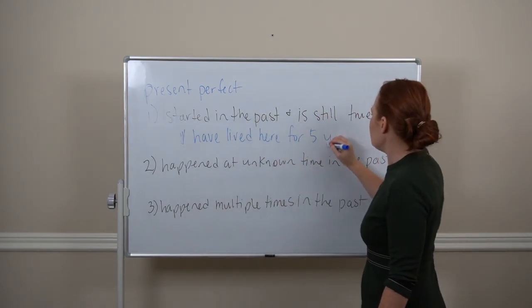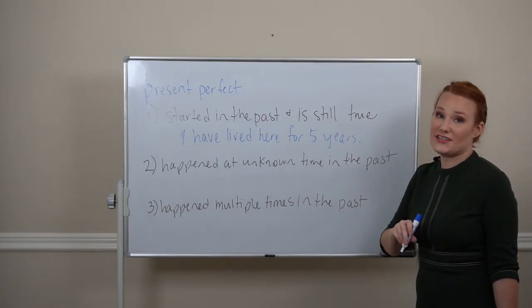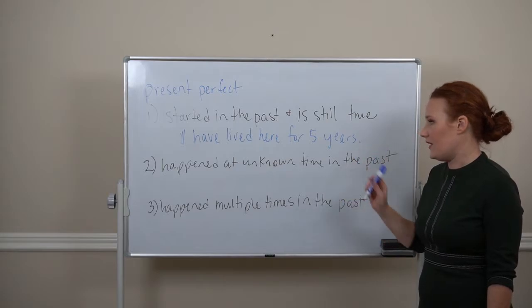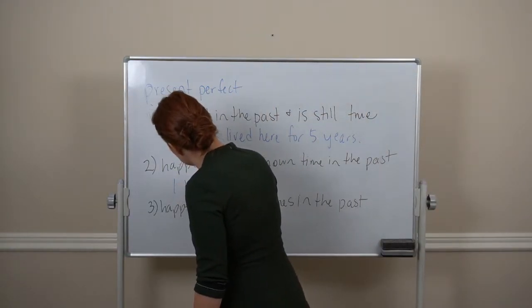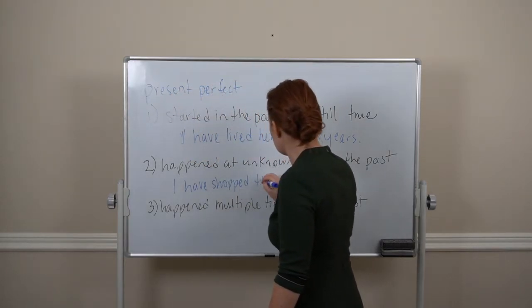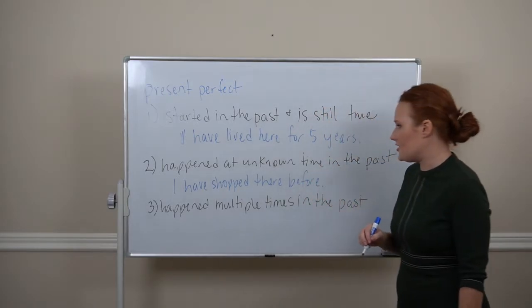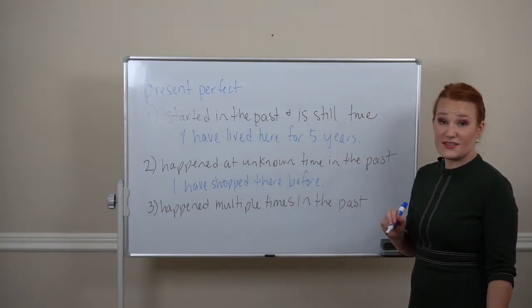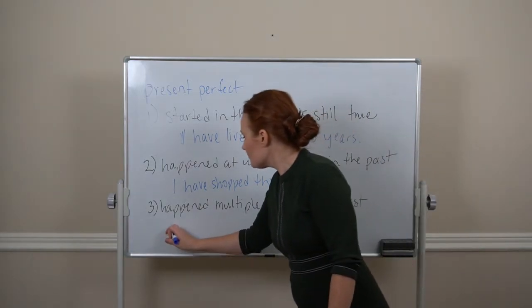I have lived here for 5 years. I lived here 5 years ago. I still live here today. I have lived here for 5 years. Or, I've shopped there before. At some point before right now, I have shopped there.